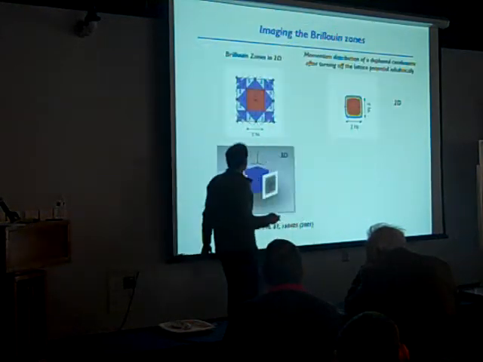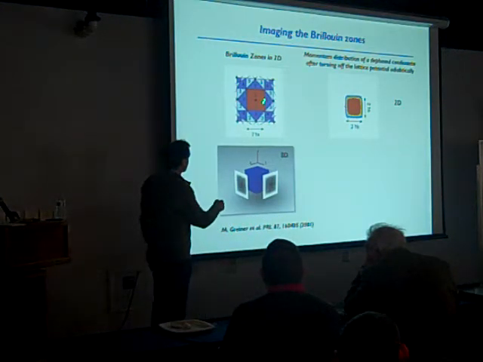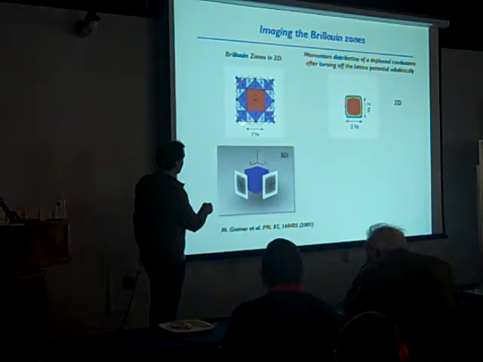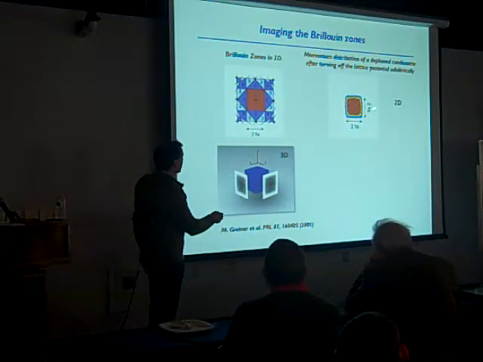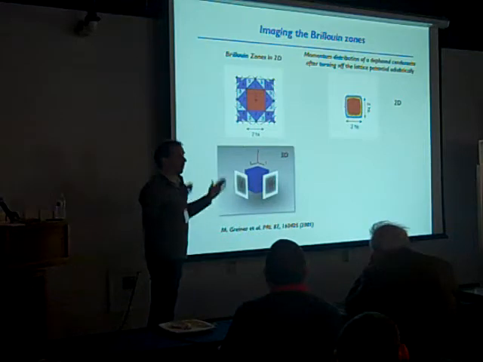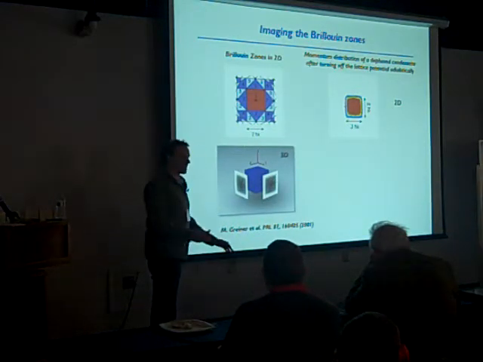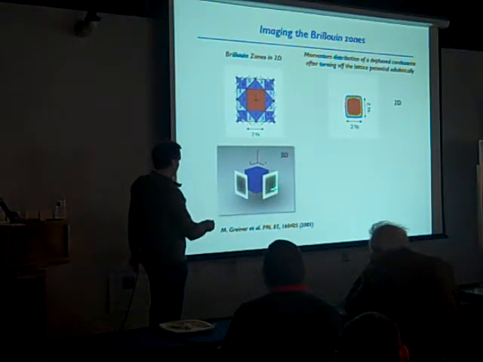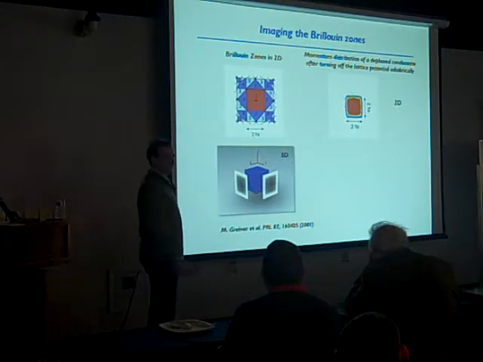You can actually see this in pictures. This is the first Brillouin zone corresponding to the lowest band. These are the higher Brillouin zones corresponding to the higher bands. And if you do this, we create a box of atoms, essentially, in time of flight. We take these pictures, it looks like a box from all sides, because we've equally populated the lowest energy band.